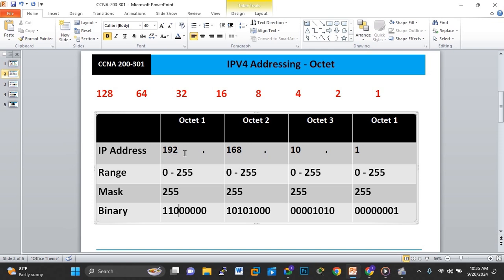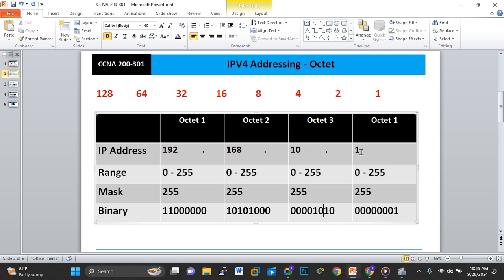This 192 here, when computer converts it to binary, it will represent this way. You will now see it in this form. So when it converts 168, you can see it this way. When the 10 is being converted, it will see it in this way, the 0, 0, 0, 1, 1, 0, 0, 1, and 0.